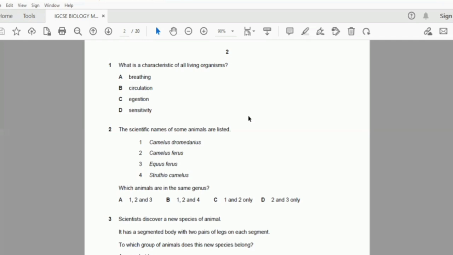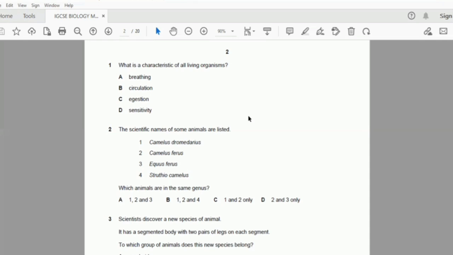Number two says the scientific names of some animals are listed. One is Camelus dromedarius, and two is Camelus ferus, and three is Equus ferus, and four is Struthio camelus. Which animals are in the same genus?